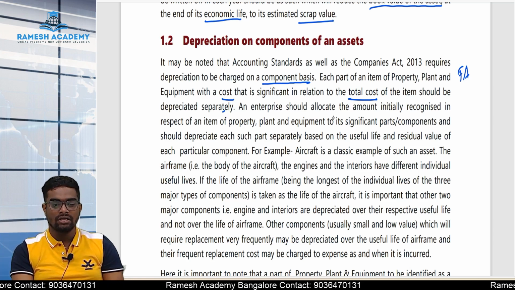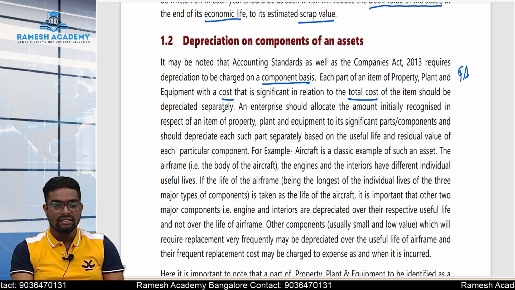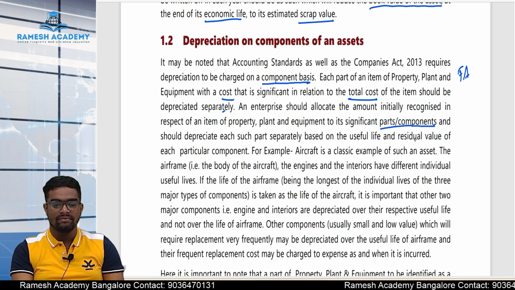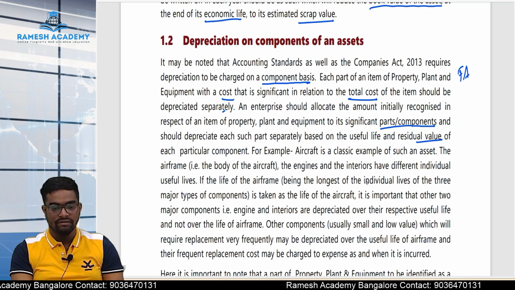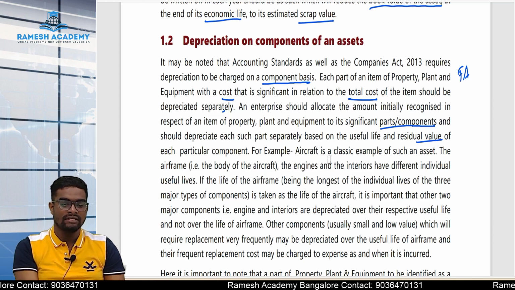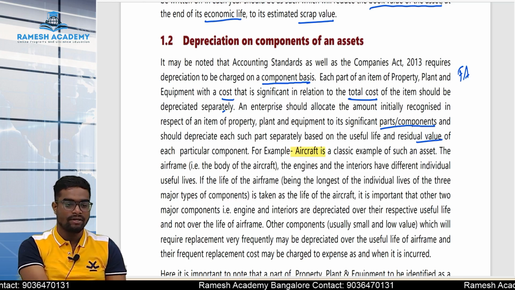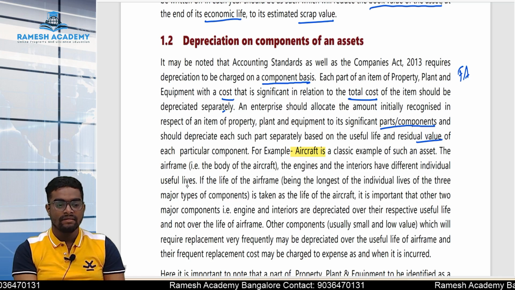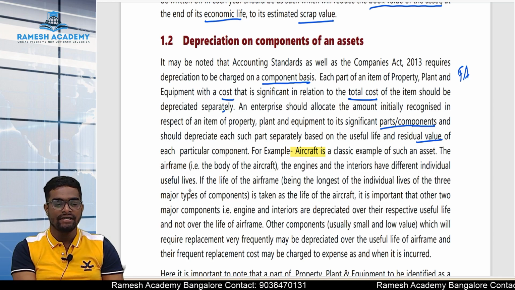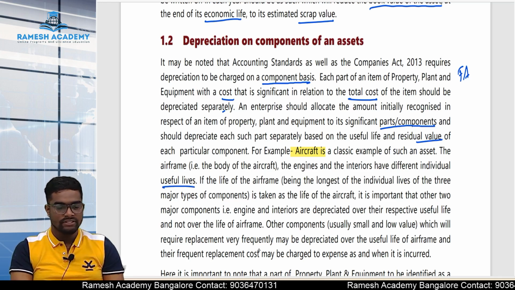An enterprise should allocate the amount initially recognized in respect of an item of PPE to its significant parts and components, and should depreciate each such part separately based on the useful life and residual value of that component. For example, aircraft is the classic example. Why? The airframe, the body of the aircraft, the engines, and the interiors have different individual useful lives.